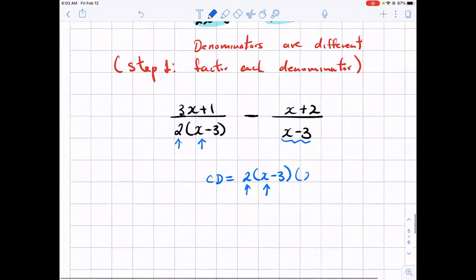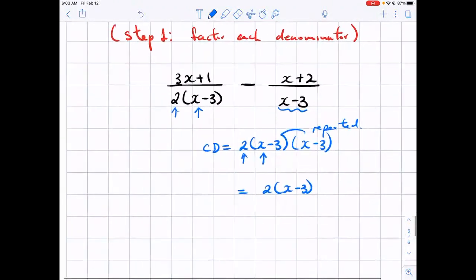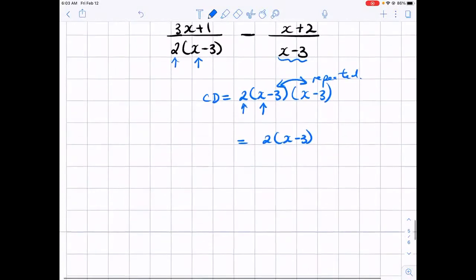So there is no need to write x minus 3 again because it will be repeated. So it is really 2 just times x minus 3. That's my common denominator. And realistically, what you've just done there is the lowest common denominator. So do not write it if it's repeated. We only write it once.